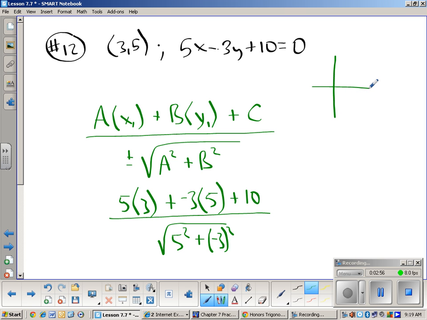The point 3,5 is here, and if I rewrote this, I would get negative 3y minus 5x, equals negative 5x minus 10.